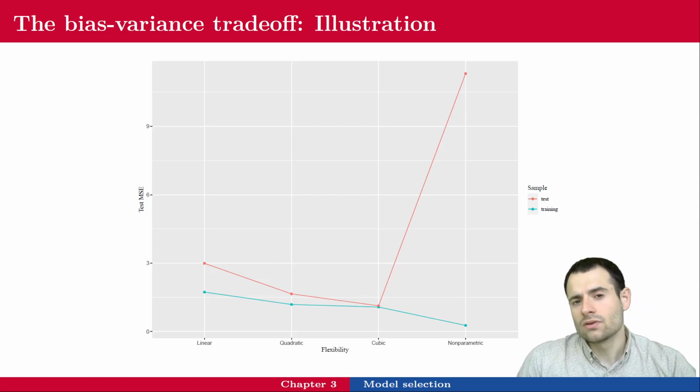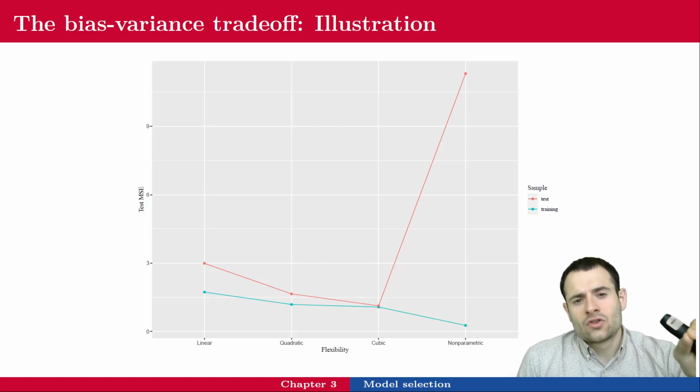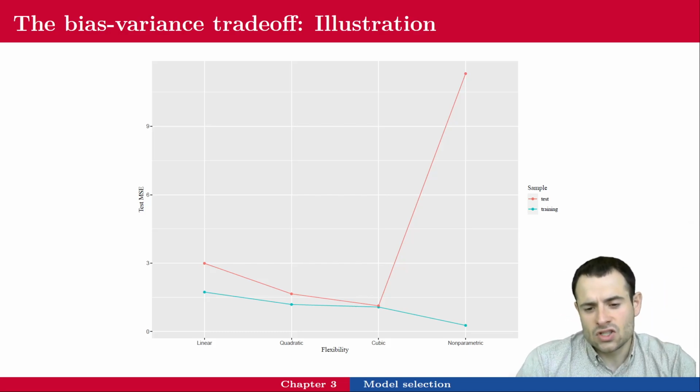At some point, adding an extra variable will not decrease the bias so much because you already have 100 observations. Having a 101st observation is not going to make a huge difference. However, it is going to still increase the variance of the method. So the MSE starts increasing again, and that's coming from the increase in the variance of the method.